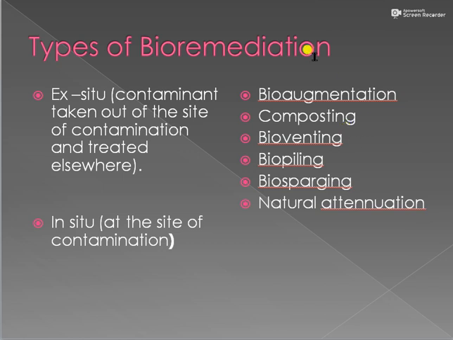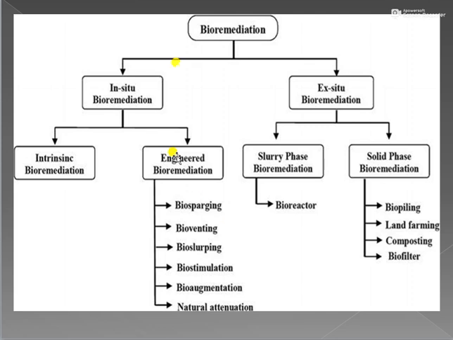Now, in this process, either microorganisms will be added so that the bioremediation will happen at a faster rate, or we will add some favorable environments for the already present organisms in the soil or in the environment, so that they will promote bioremediation. So bioremediation can be in situ or ex situ, and in situ remediation you apply at the field.